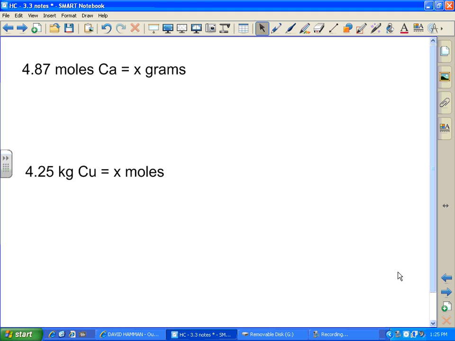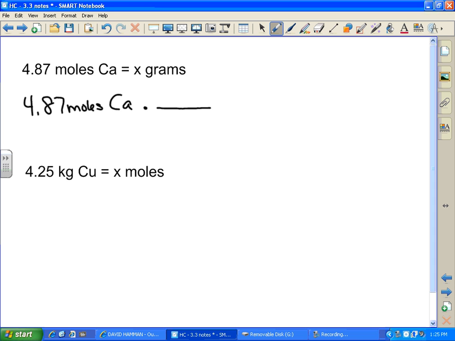Okay, so now if we look at these 2 calculations here, we have 4.87 moles of calcium, and we're trying to figure out how many grams of calcium are in that sample size. So we have 4.87 moles of calcium, and we are going to multiply by a conversion factor that relates moles to mass. And the conversion factor is the molar mass. So we're going from moles to mass.